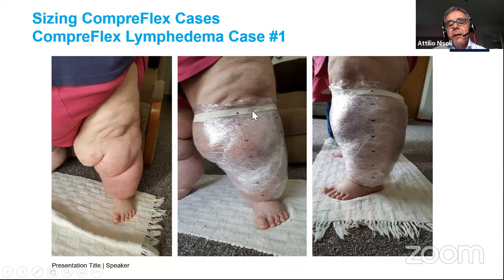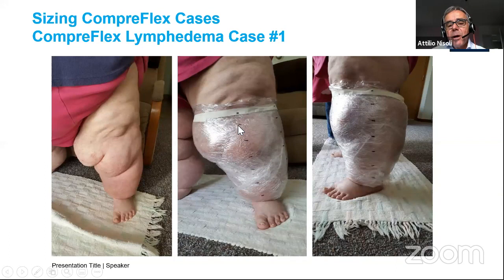This is actually a good idea, what they did. For easier measuring, they used the Glad foil. That's the foil, you know, from the kitchen. They just wrapped the leg at the beginning in this foil. Then it was easier to measure.